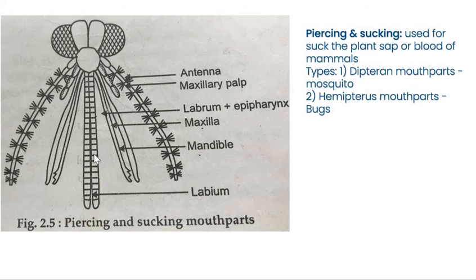So while feeding, the hypopharynx, labrum and epipharynx become closely applied to form a tube to withdraw the blood. This is the dipteran type of mouthparts in the mosquito.